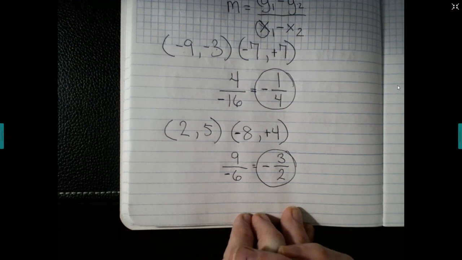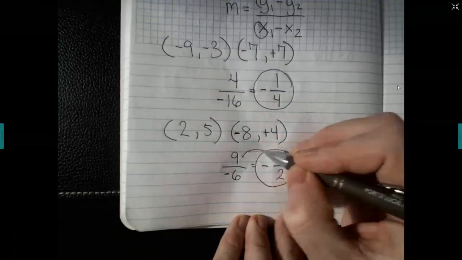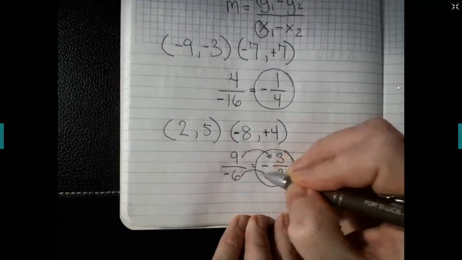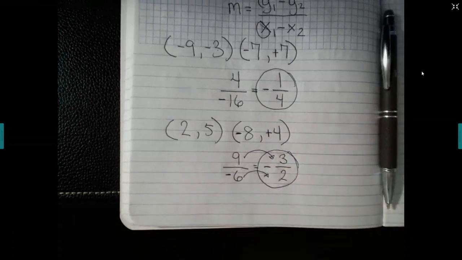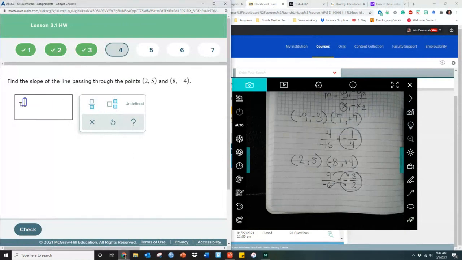Okay, so nobody's saying anything. So I'm assuming that you know how to go from here to here and here to here with no problem. Because now I'm going to go ahead and plug it in. So I'm going to put a negative, and then I'm going to put in a fraction, 3/2.